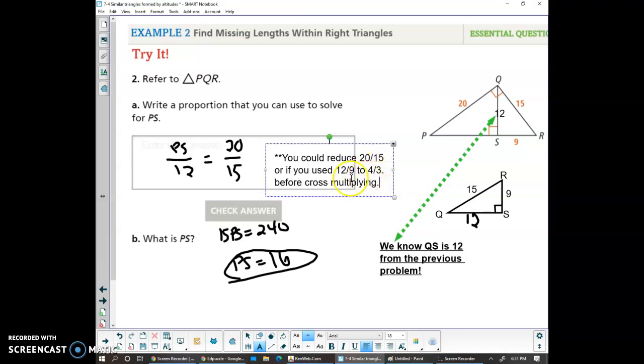And since they're the same ratio, and they will always be the same ratio because it's proportional, because they're similar figures, it doesn't matter which sides you pick, as long as you know both sides. So there are different ways you could do these ones. You just pick whatever you feel is simpler. In the end, it still works out to the same number for PS.